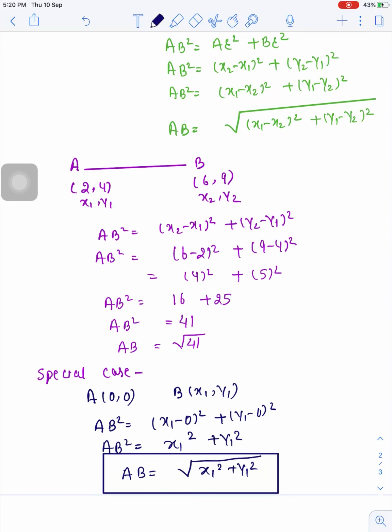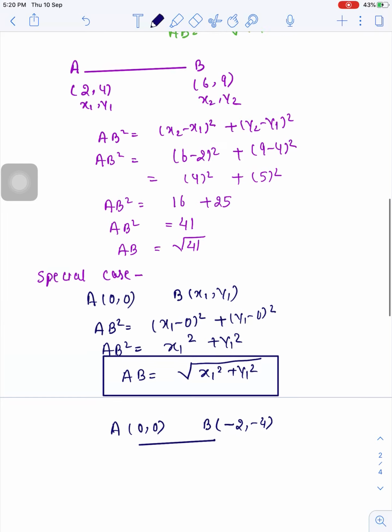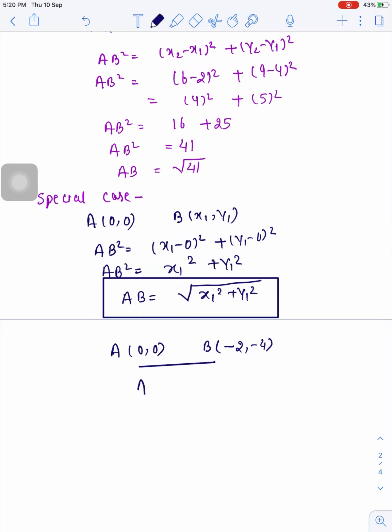And when we are going to use this formula, if the first point is the origin, as I am making you understand by giving one more example, suppose we have a point A whose coordinate is (0, 0), and we have a point B whose coordinate is (-2, -4), and if you need to calculate the distance between these 2 points, what you have to do is you can write AB square is equal to (-2) square plus (-4) square.